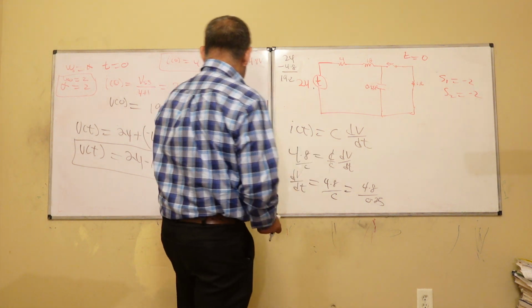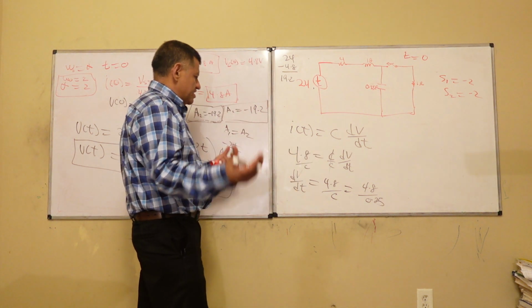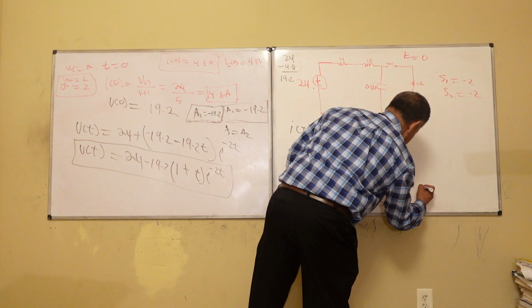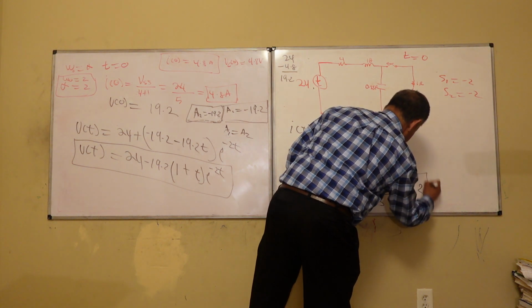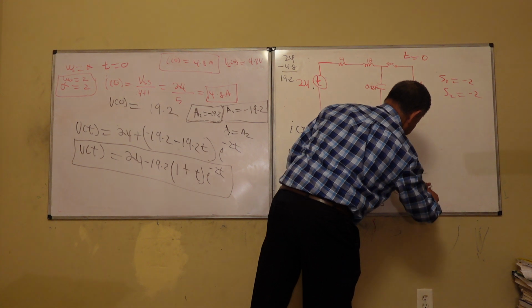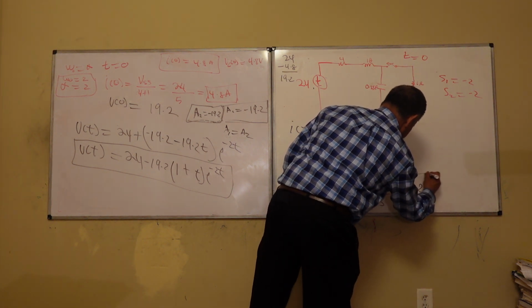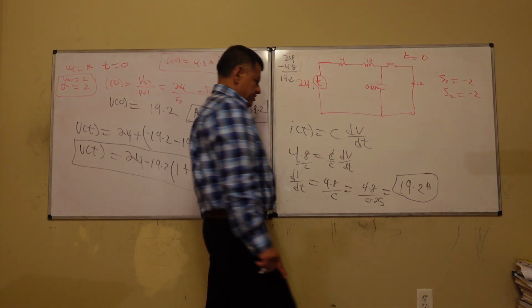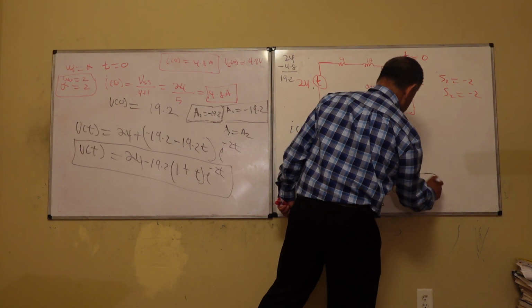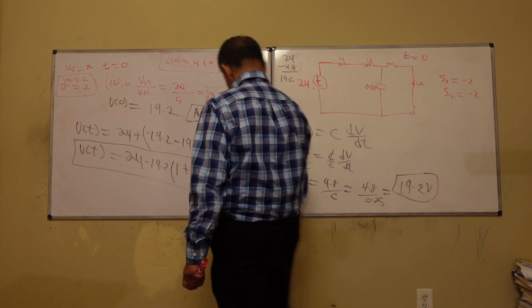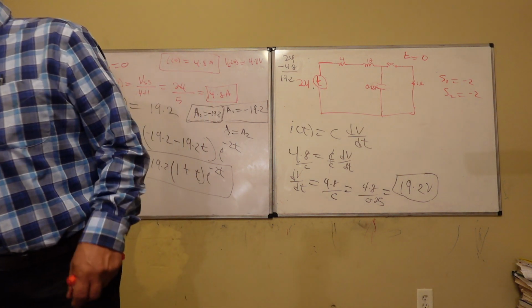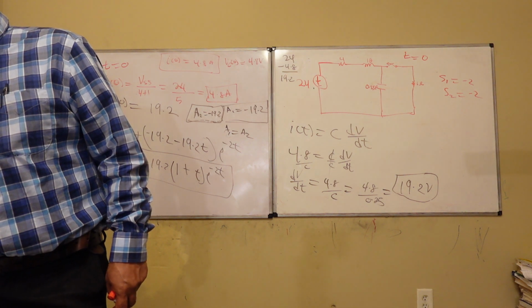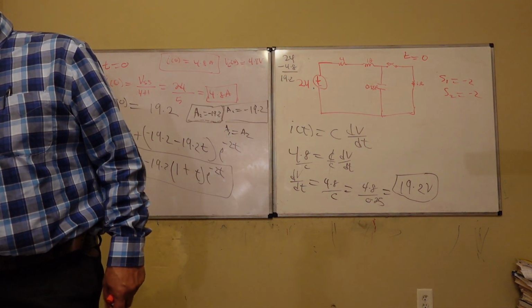Same thing, it's no different. In this case, these numbers are just matching up. That's what I'm trying to say. 19.2, and dV over dt is in volts per second. Okay, so we know that. Now what can we do here?